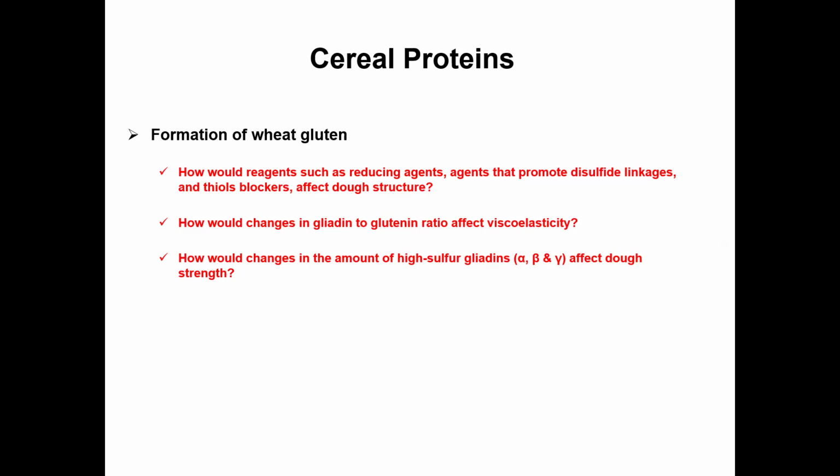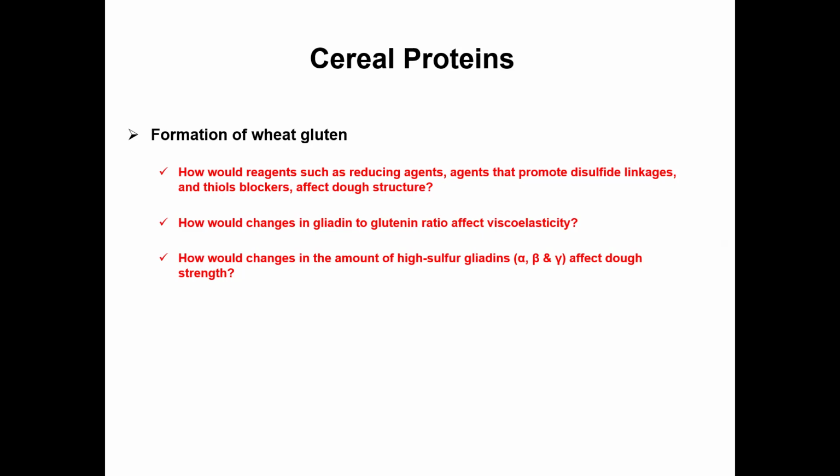If you put a reducing agent in a concentration that promotes breaking of disulfide and formation of disulfide interchange, now you're promoting oxidation and enhancing elasticity. If you block thiol groups, you are reducing elasticity.